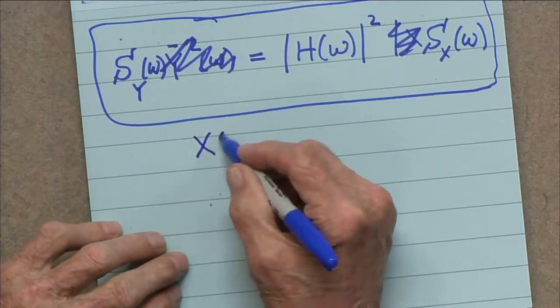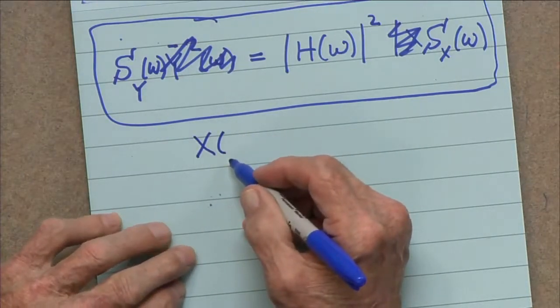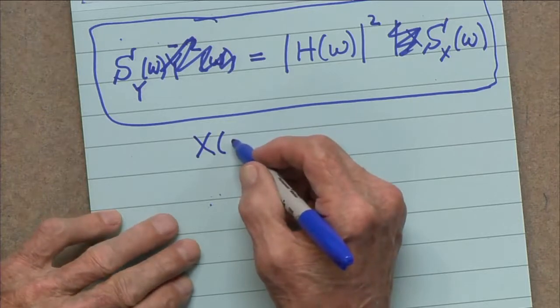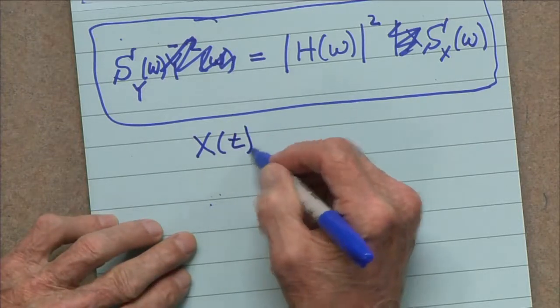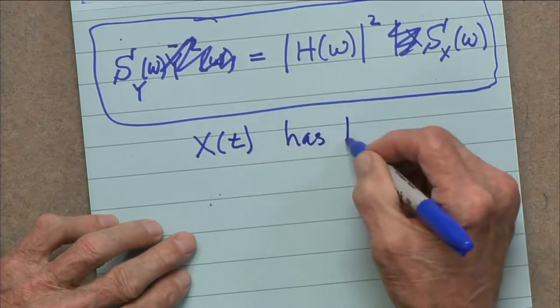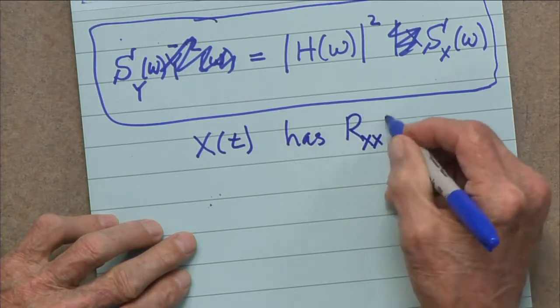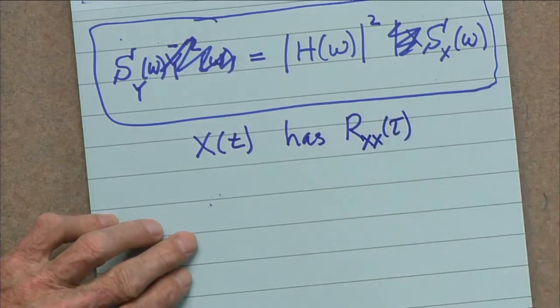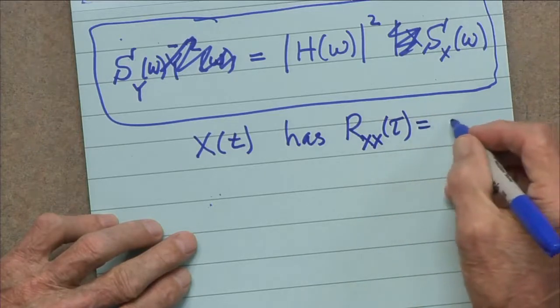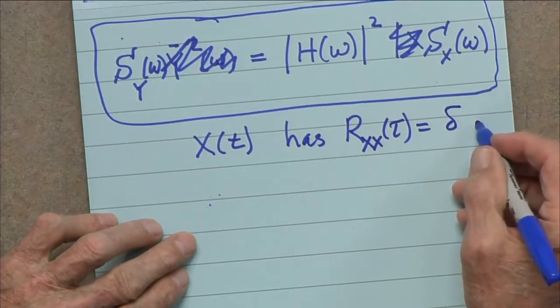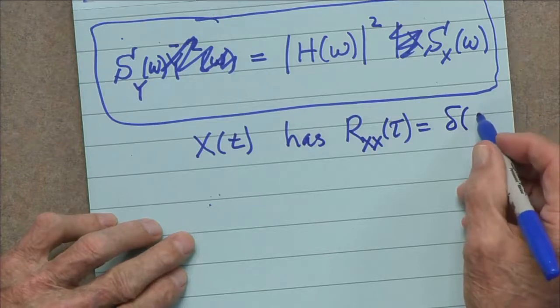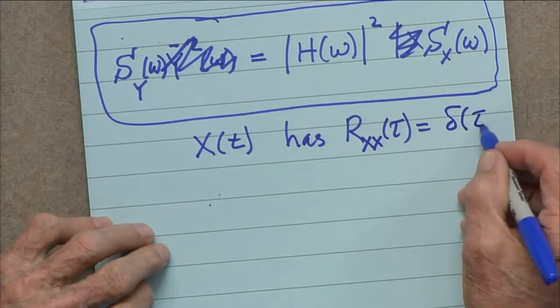Let's say x of t has Rxx of tau is delta of tau.